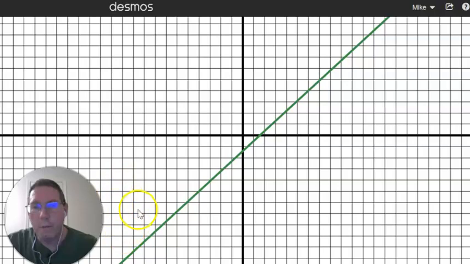We move from the negative x's to the positive x's when we are reading a graph. And oftentimes we want to know whether the graph is going up or down as we go from left to right. You can see this one, from left to right, is going up.